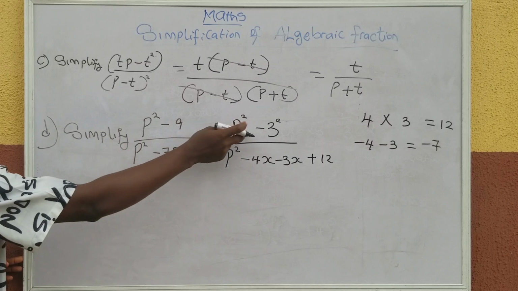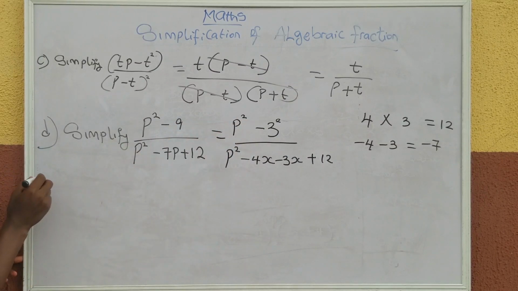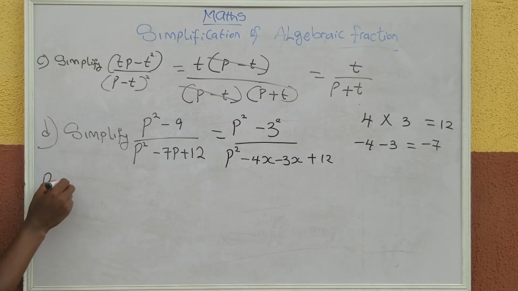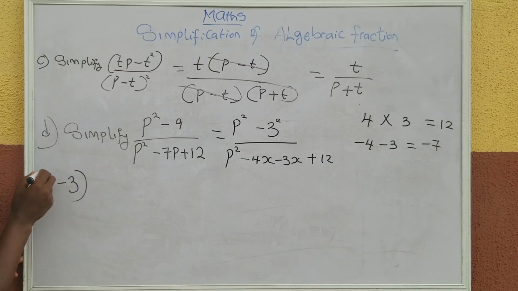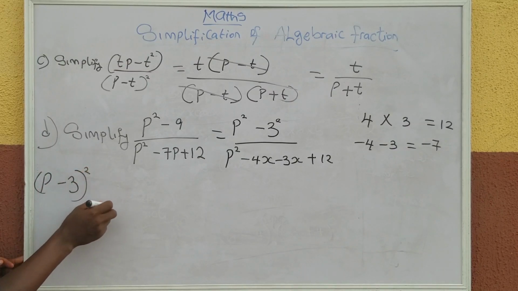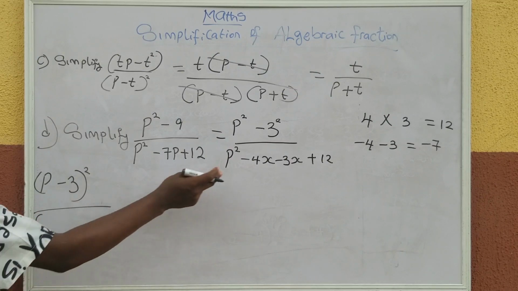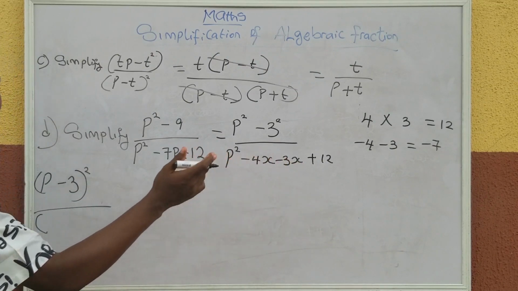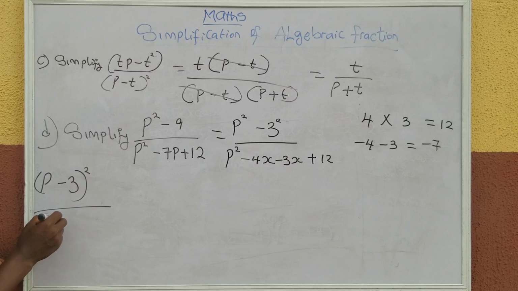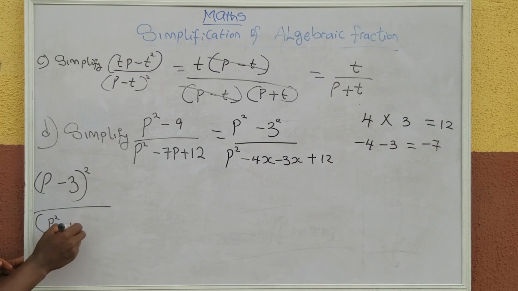We put what you have there in the bracket, so it becomes p minus 3, close the bracket, put your square, all over, open another bracket, put this in a bracket in order to factorize easily.